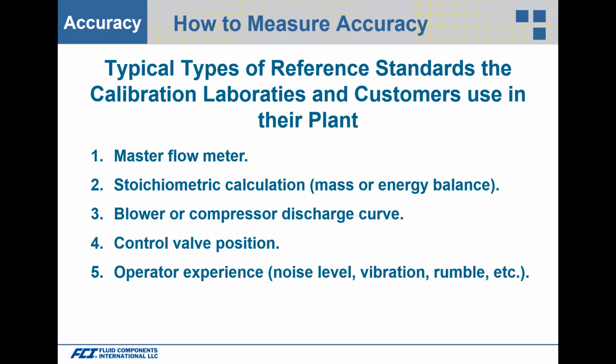Now, when we get installed, when we're at the customer site, typically customers will use a stoichiometric calculation: what goes in must equal what comes out, mass or energy balance, blower or compressor discharge curves, or control valve position, and even operator experience. I've been in plants where the operator will put his hand on a pipe and he can tell pretty much just by the vibration what that flow rate is at that time.